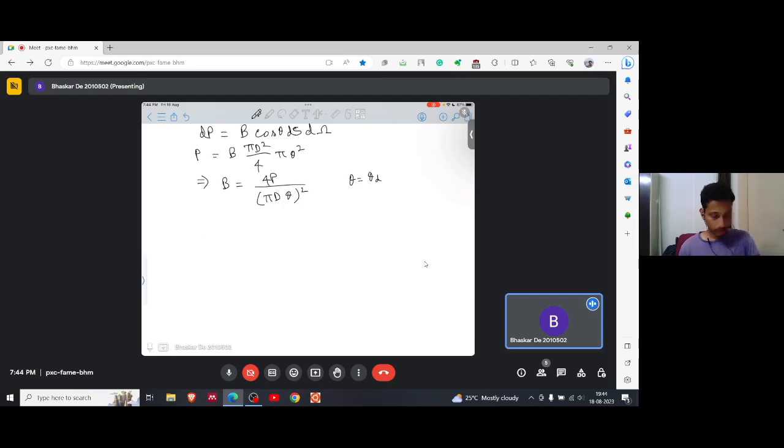So we can write this as B equal to (2 by beta pi lambda) whole square P. Here we have just replaced this with the earlier equation, theta d equal to beta lambda by d.